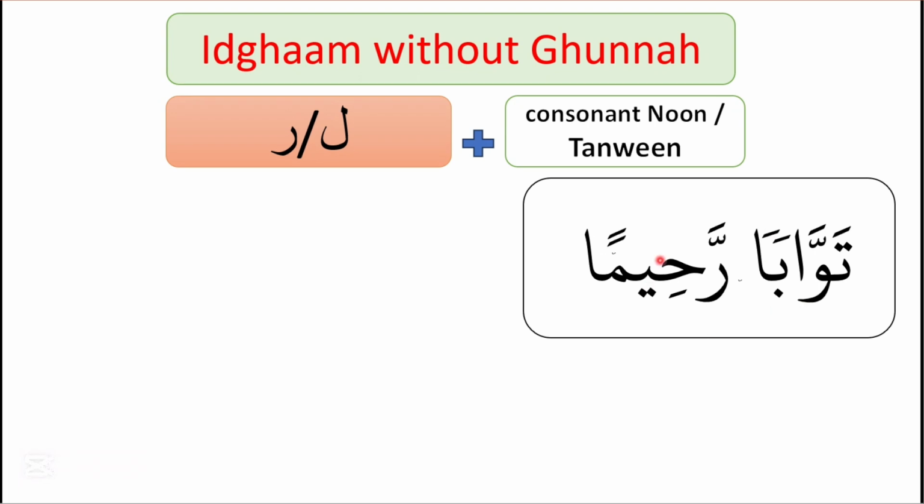Also here, all you need to do is to delete the tanween. So after the letter ba, don't pronounce the noon of tanween, but go directly to the letter ra. توابا رحيما.